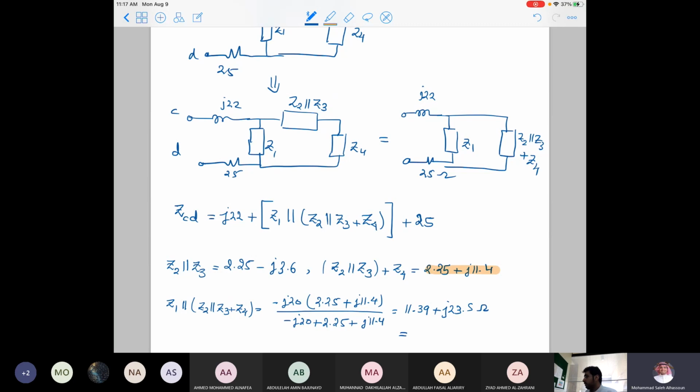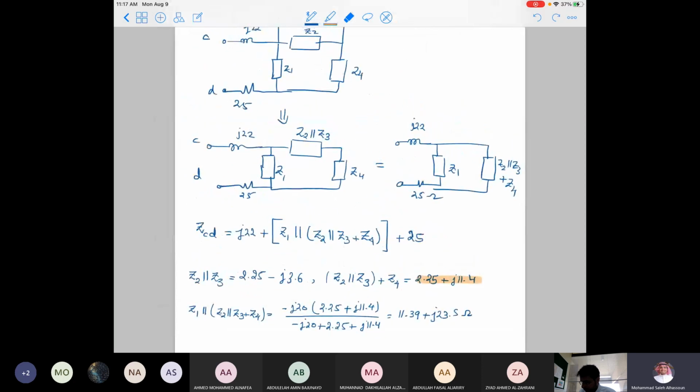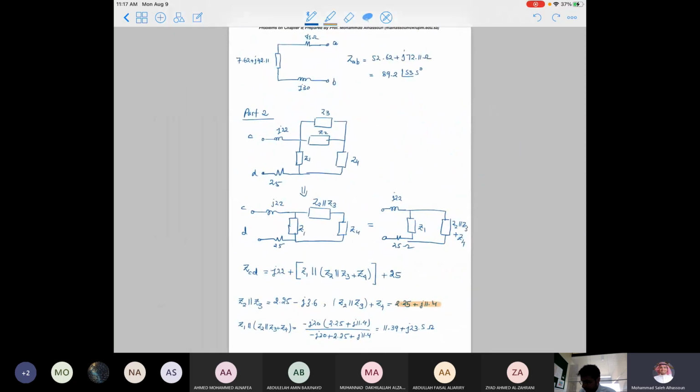and if I find the polar form of it, okay, I'm going to start a new page. Let me move things up.